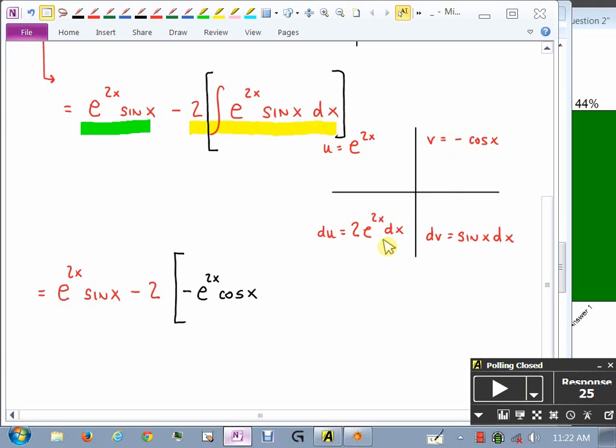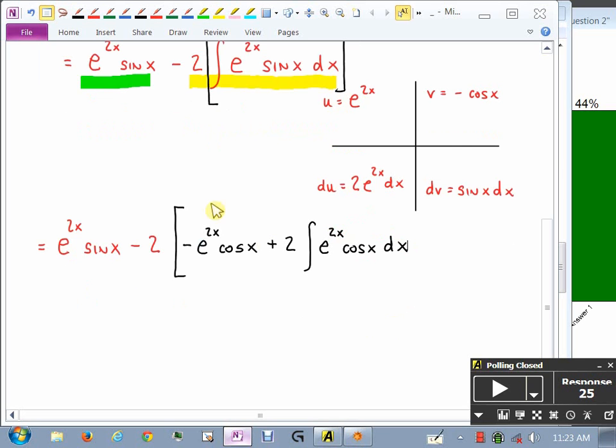So it's going to turn into a +2 integral e to the 2x cosine x dx. Close my bracket.